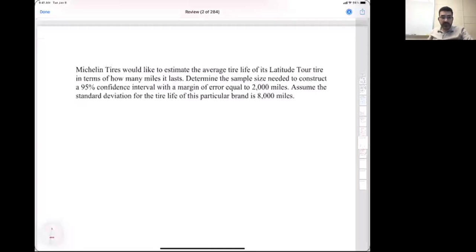So here we need to construct the confidence interval for the mean life of this type of tires. Here we have the margin of error, so this is M. Also, we have the standard deviation of the tire life of this particular brand, 8,000, so this is sigma.